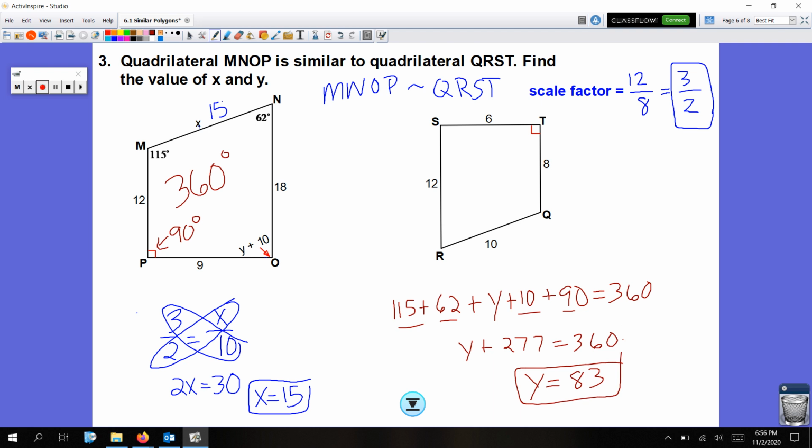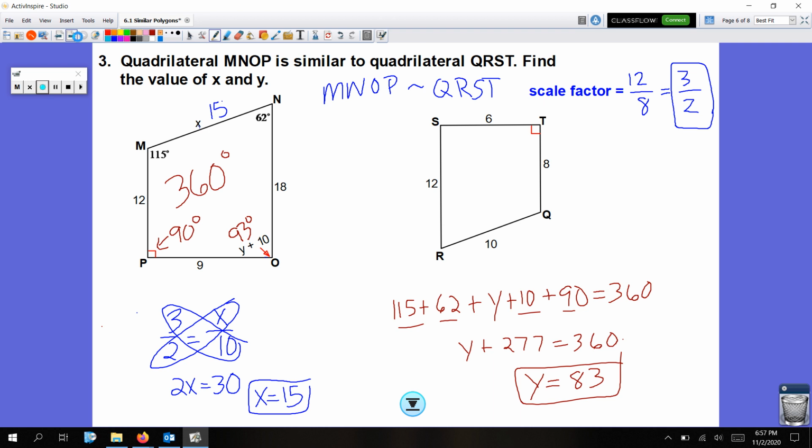All right, that just means that this measure here is 93 degrees. Okay, beautiful. And that's it. We answered all the questions, right? We found x, we found y. We know the scale factor. That's great.